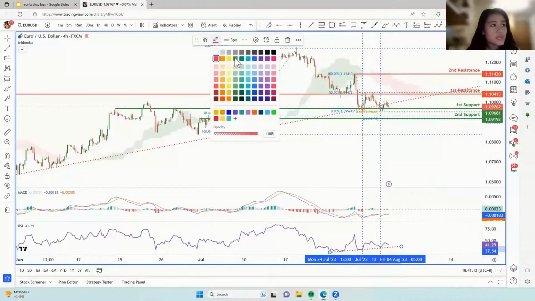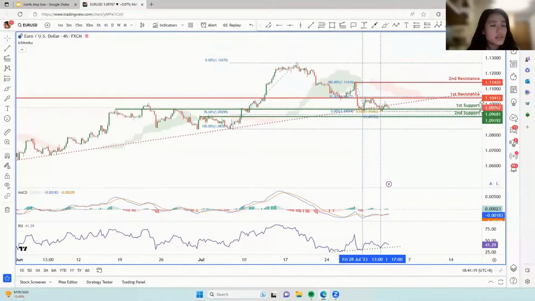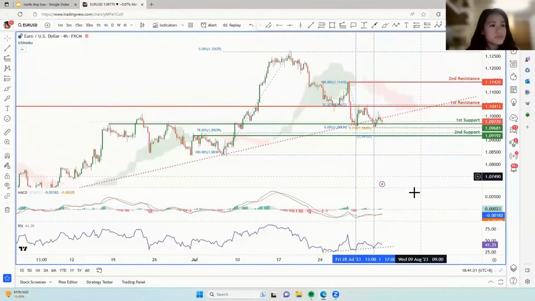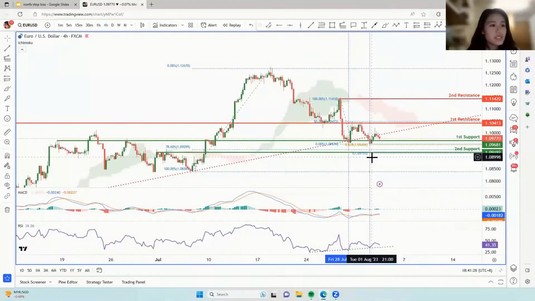Okay, we have this bullish signal. If we take a look at our price chart versus our RSI, at the highlighted areas, price has remained at the same level at our first support, whereas on our RSI, it has made a higher high, and in fact, price is moving in this ascending trend line on our RSI.